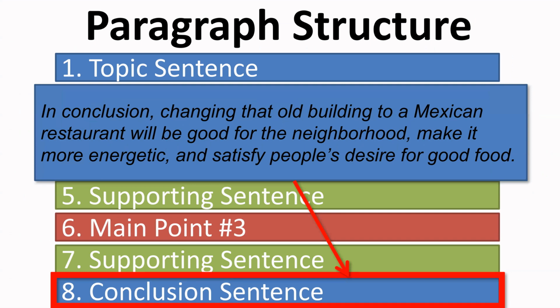In conclusion, changing that old building to a Mexican restaurant will be good for the neighborhood, make it more energetic, and satisfy people's desire for good food. Again, he brought the three main points together. Not the supporting sentences, but the three main points. That's the conclusion.